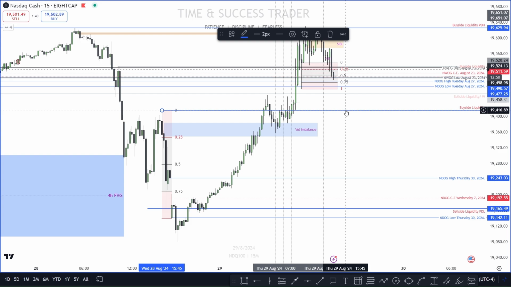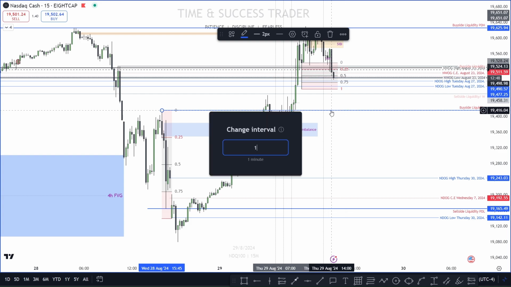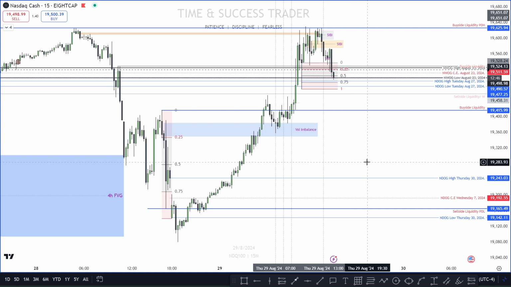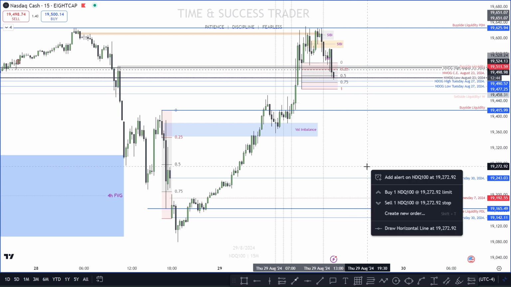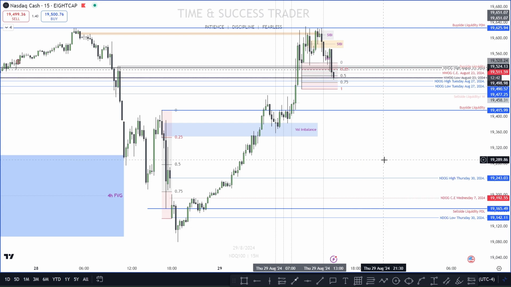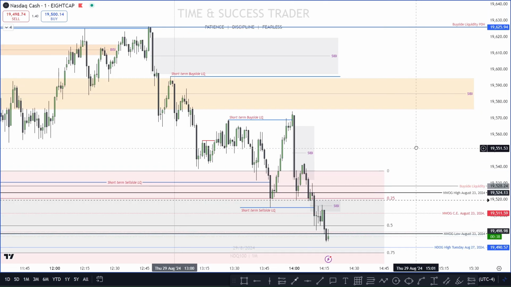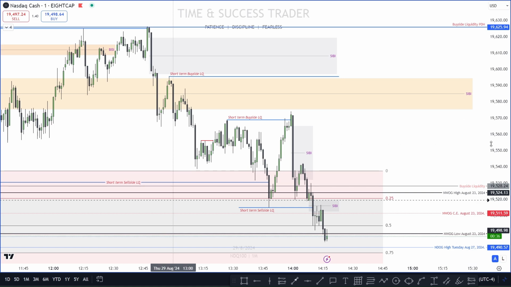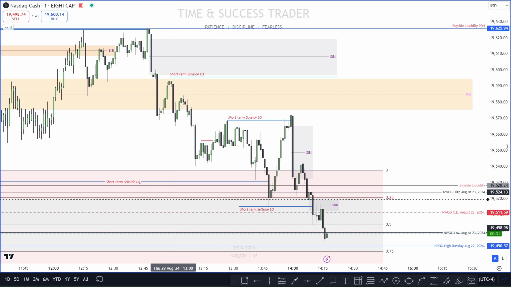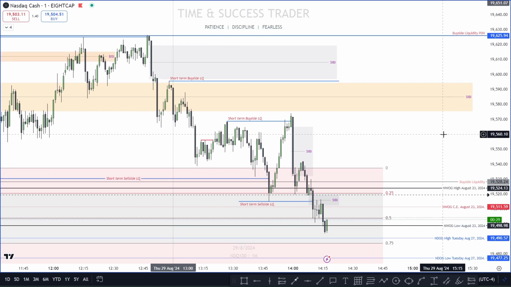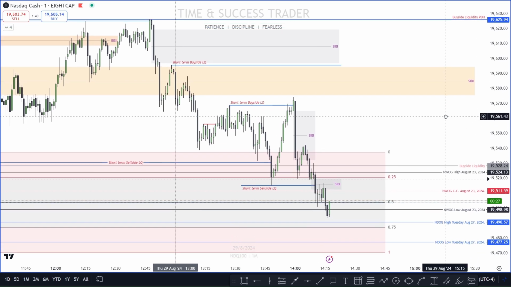So you can see that we're at the 50% of that. Immediate rebalance of that range or candle.